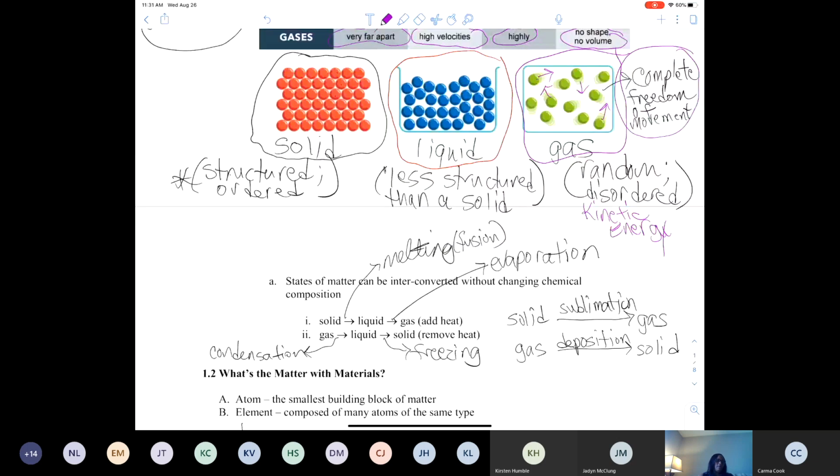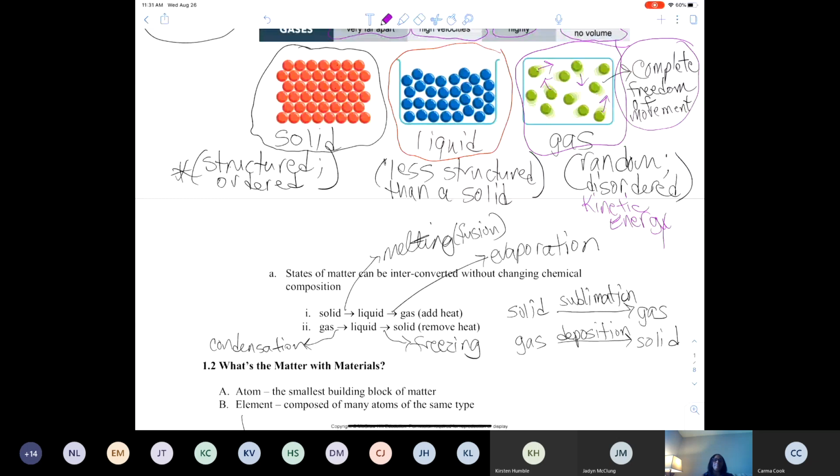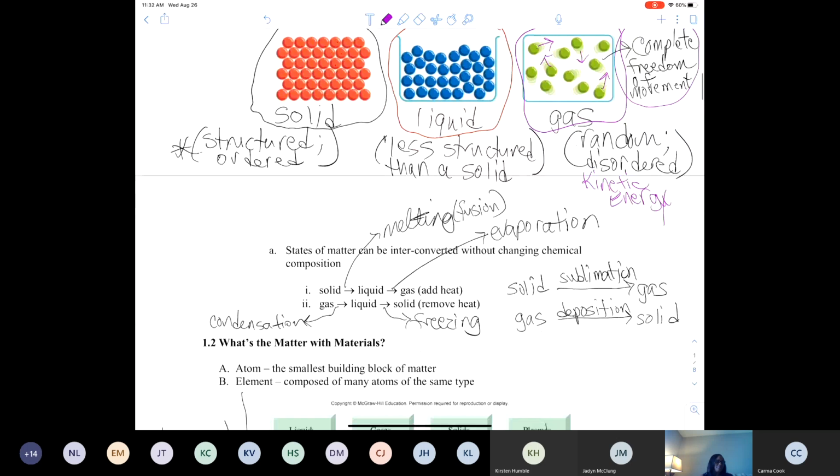And so we looked at the three main states of matter that we're going to be responsible for in this class. These states of matter can be interconverted. And when they are interconverted, they're going through a physical change.